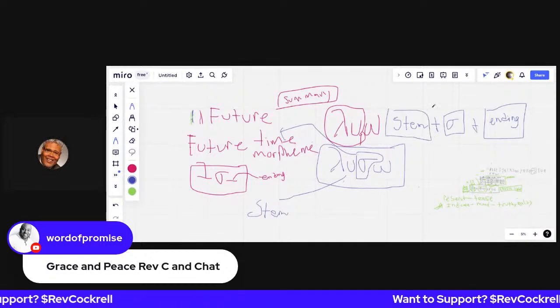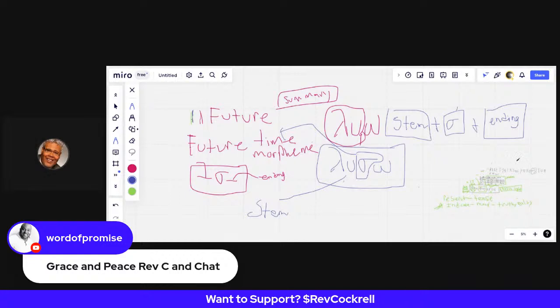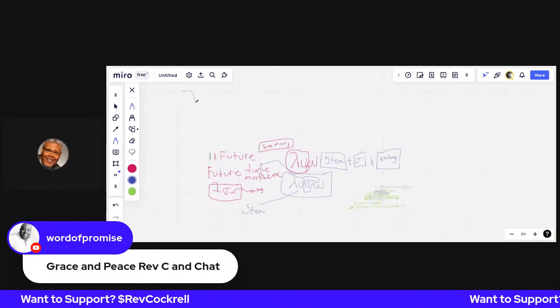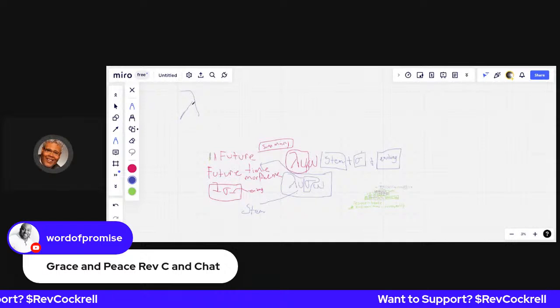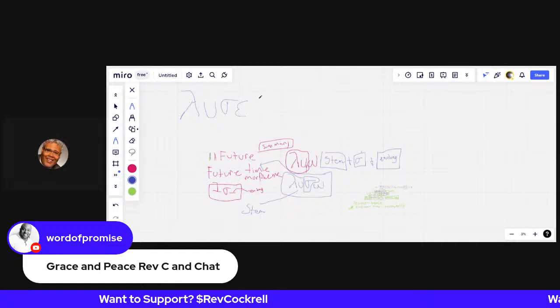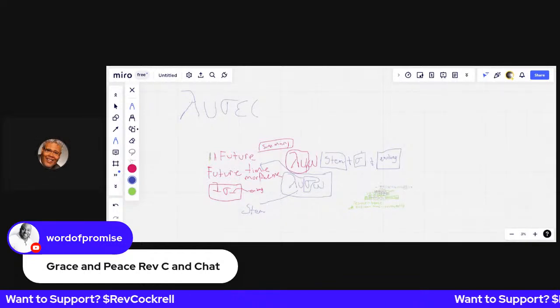Stem plus a sigma plus an ending. That's future tense. So let's do, and you translate it, will. So let's do this. Lu, say. Lu, say.